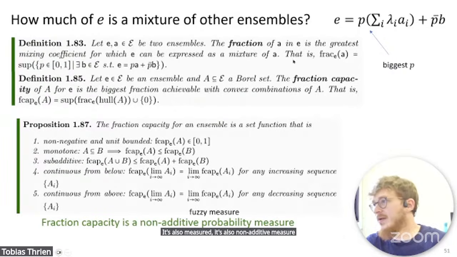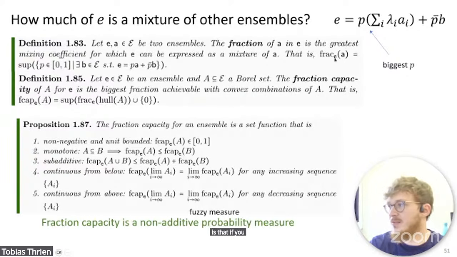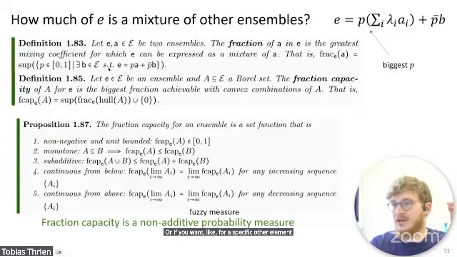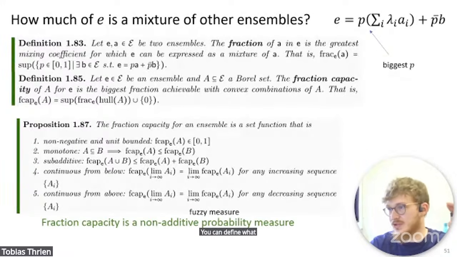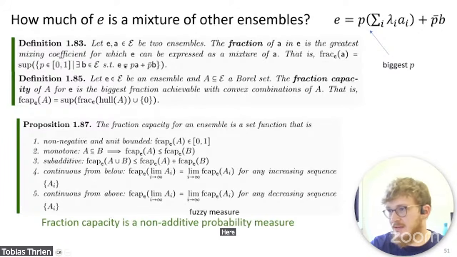What we can define in general is this: if you have a given ensemble E and you give it a set, or if you want, a specific other element A, you can define the biggest fraction that I can use in front of A to create E. In principle, there's a whole range of probabilities that I could put here.